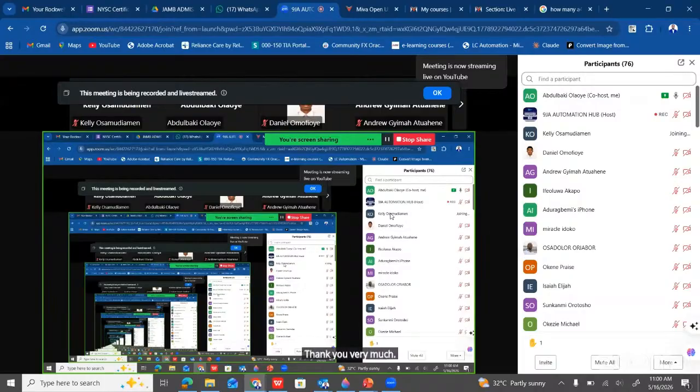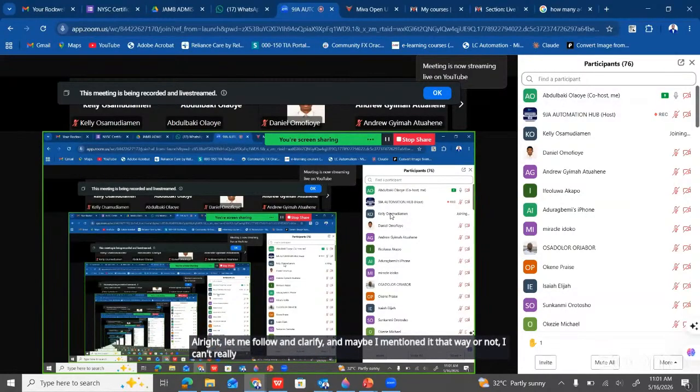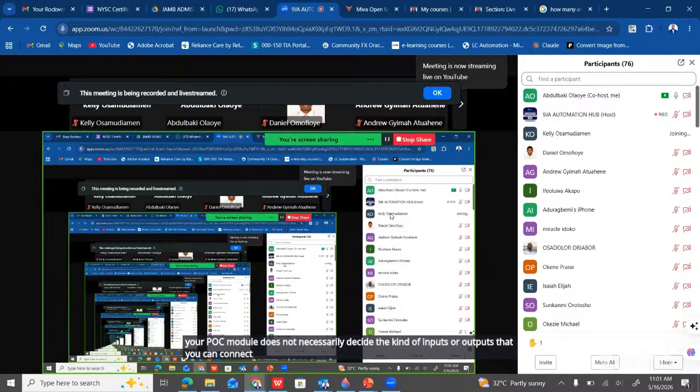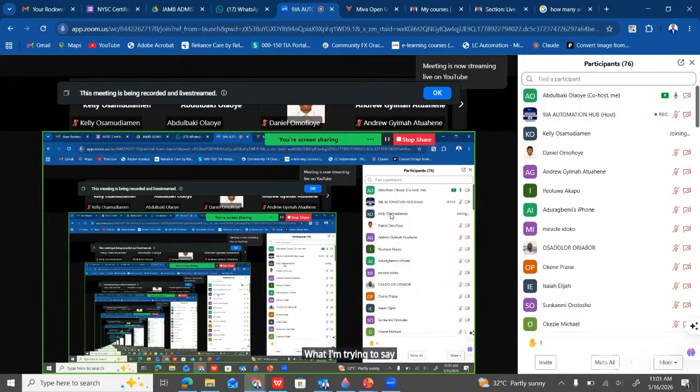Let me first clarify. I can't recall whether I mentioned it that way. The clarification is that your PLC module does not necessarily decide the kind of input or output that you can connect to it. What I'm trying to say is that the type of module you have determines how you are going to wire the module itself. Are you with me?